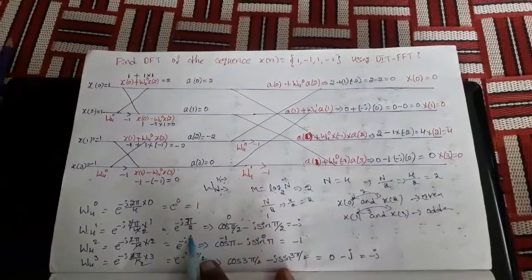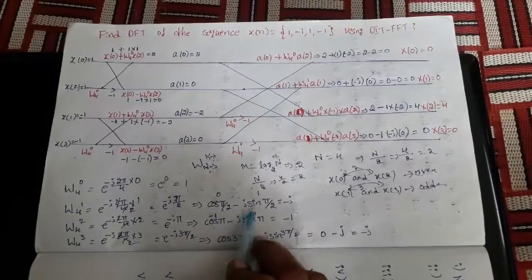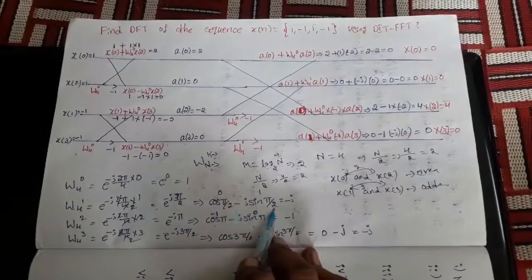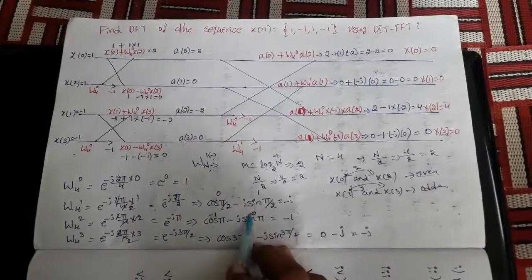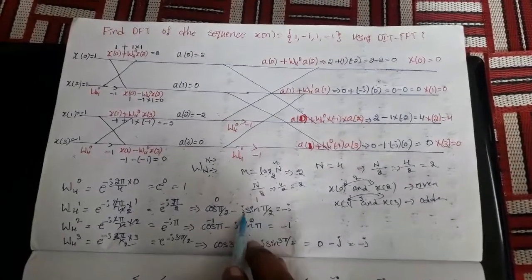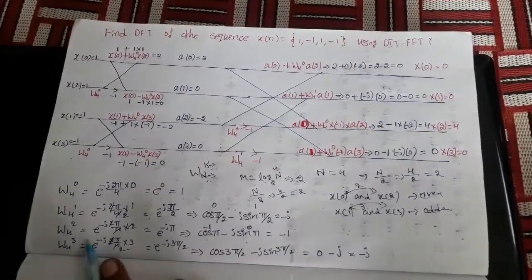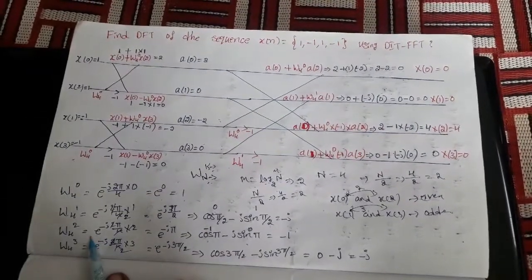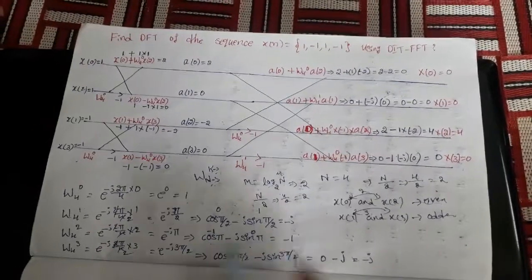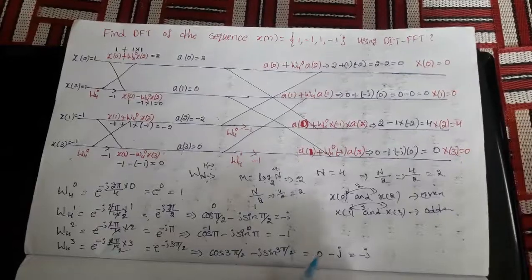The exponential term can be written as cos pi by 2 minus j sin pi by 2. Here cos 90 is 0 and sin 90 is 1, so the output is minus j. Next, W 4 to the power of 2 is minus 1, and W 4 to the power of 3 is minus j.